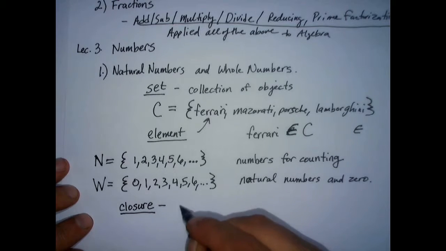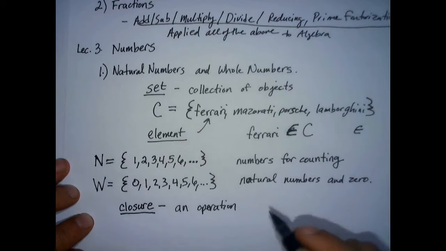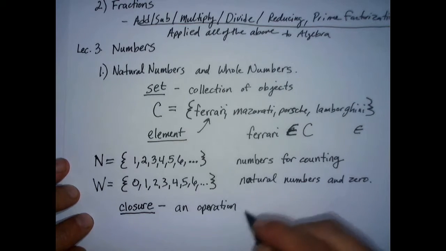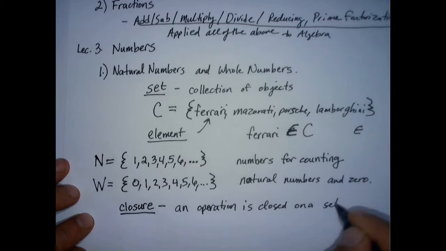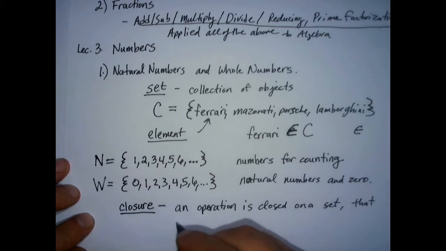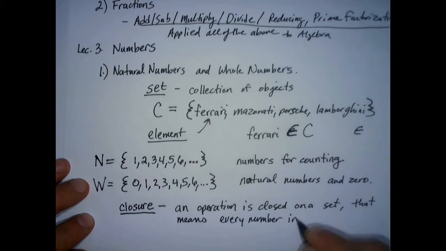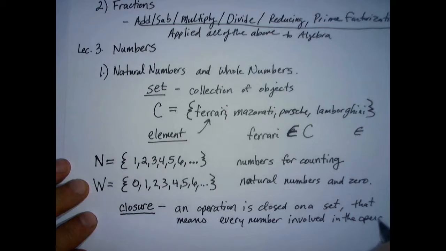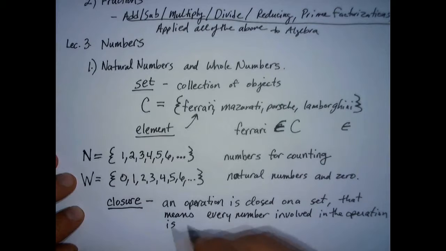If I say an operation like multiplication, division, subtraction, that's an operation, is closed on a set, that means every number involved in the operation is in that set.